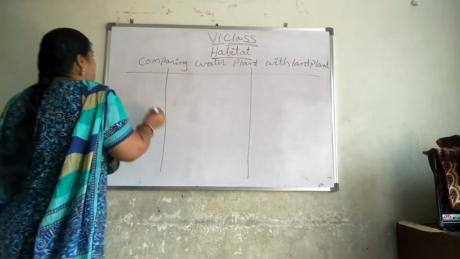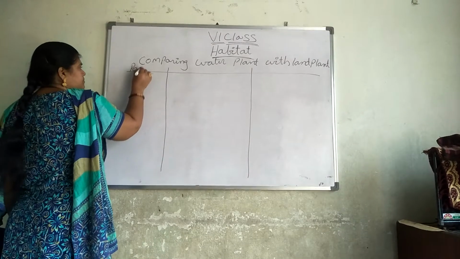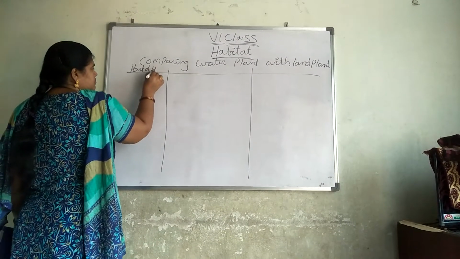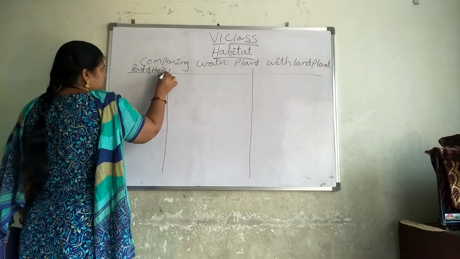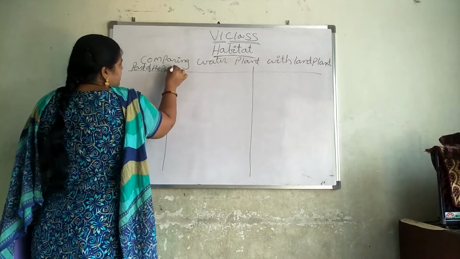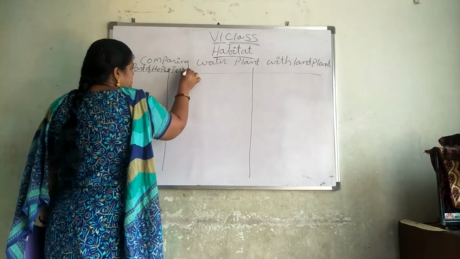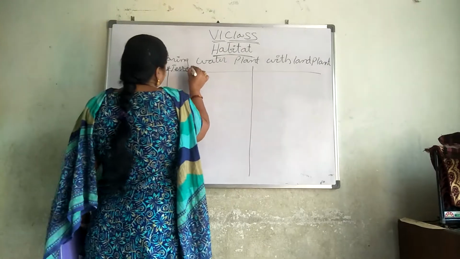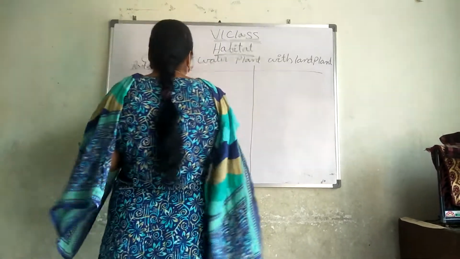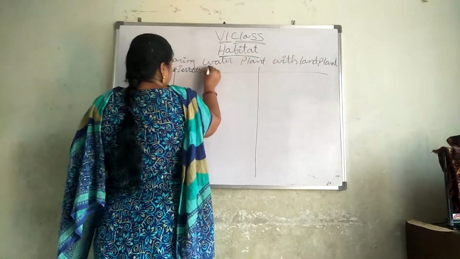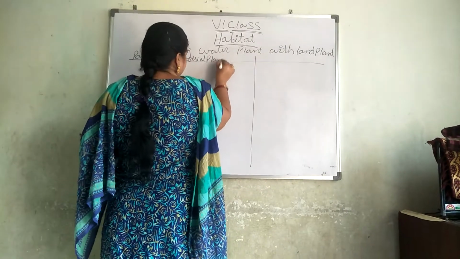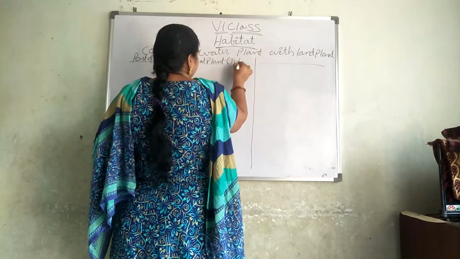The first here, parts of the plant. Here, terrestrial plant. Terrestrial. What do we take? Tulasi.